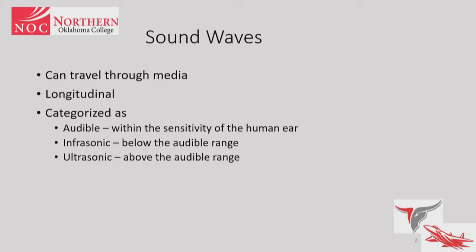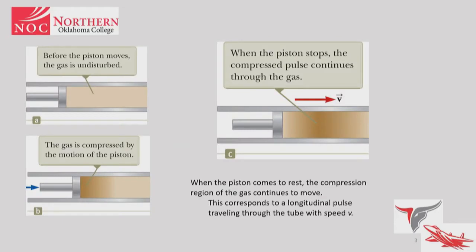So dog whistles are ultrasonic, infrasonic are elephants, for example. Elephants actually have very low sound ranges. So that's how we classify sound, and audible is in our hearing range.